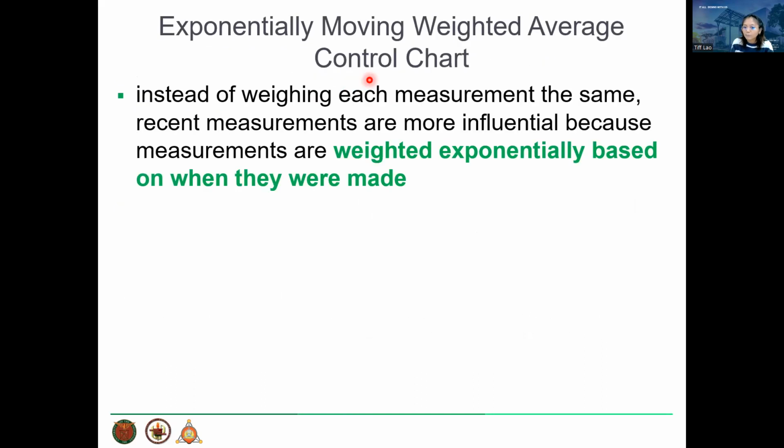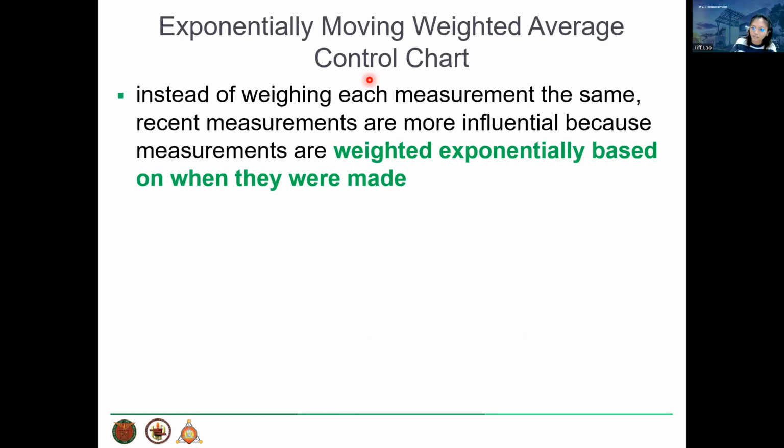So may nagtanong, di ba prone sa bias ang pag-assign ng weight? Yes, it is prone to bias, but then again, the reason why we're putting weight is because we know na the process that we're dealing with changes over time. I mean, some parameters there change over time. So maybe yung wearability ng gears mo nag-iiba.